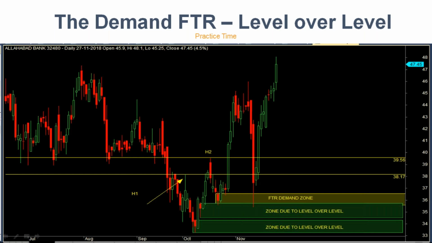Going forward, I will not teach you level over level. It should be part and parcel of your thought process. The moment you see it, you should figure it out. It should not come as rocket science. It should come in your blood now. The moment you see a level over level, price can react there also. That is where it does cheating.